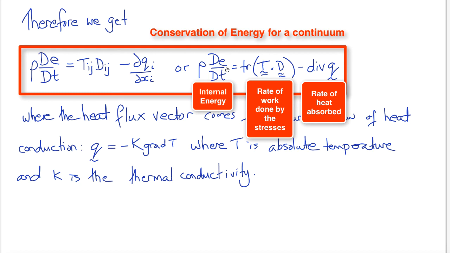For example, crystalline solid materials like metals tend to store their internal energy as the energy between the bonds of the crystals. Whereas rubbery types of materials, like rubber, actually store their internal energy as entropic energy.